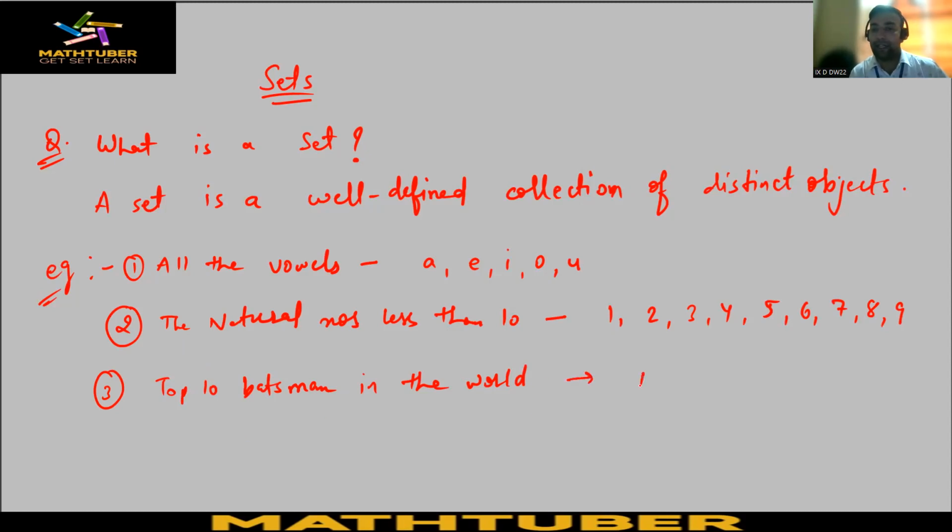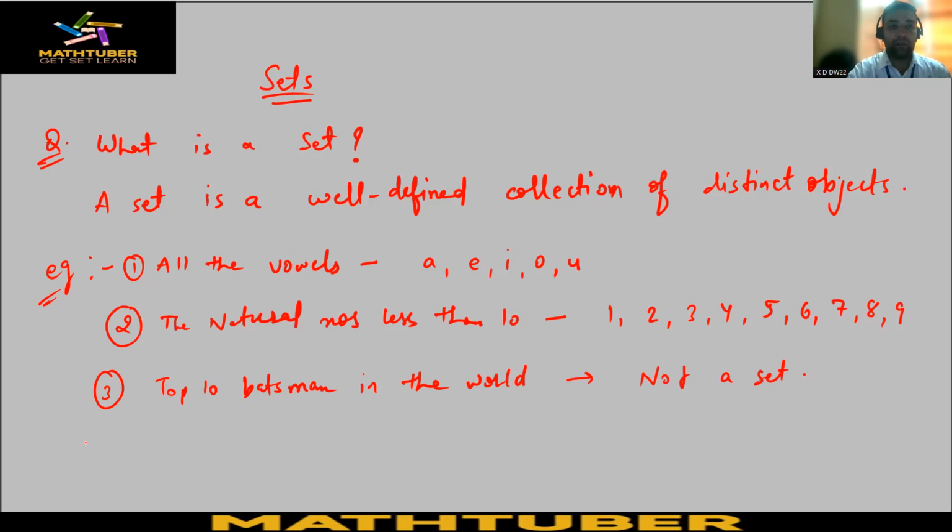So this collection will not be a set, as if you ask anyone about the top 10 batsmen, then he or she will have different choices for that, right? So this is not a well-defined collection of distinct players in the world, so that's why it is not a set, right?